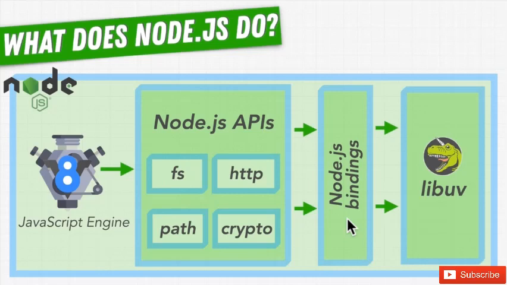This is called asynchronous I/O, or asynchronous input-output. It's what Node is best at, and it's something that we're going to learn a lot more about in the next coming videos, because it's so important. Nearly all of the code that we write in Node involves some form of asynchronous I/O.